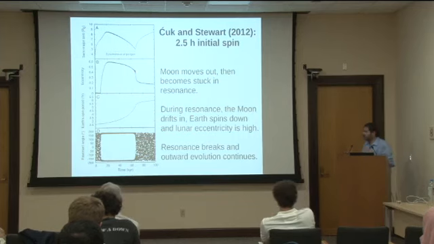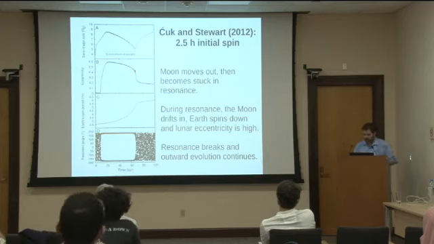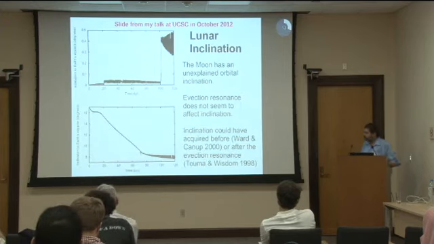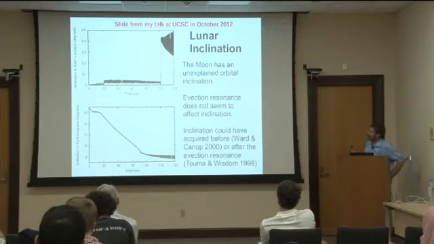Because yes, we were looking into lunar formation with high angular momentum, but really we were still doing the tidal evolution without fully understanding the evolution of obliquity and inclination. And this is interesting. This was the last plot of the talk I gave just around the time the paper came out. So this is evection resonance with zero inclination.